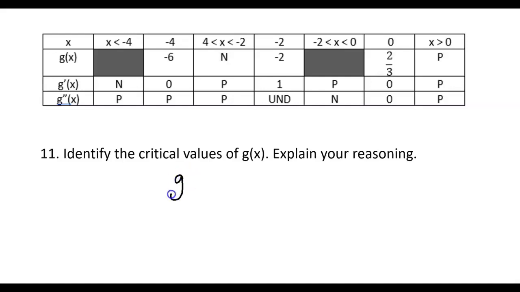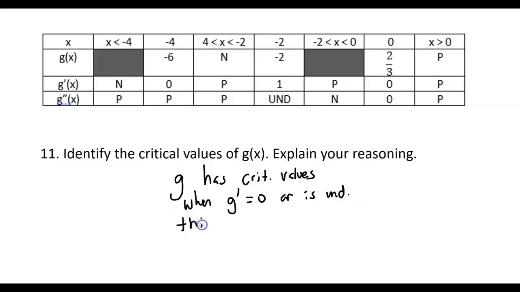All right, so it says identify the critical values of g and explain your reasoning. So g has critical values when g prime equals 0 or is undefined. This happens at, let's see, here's g prime.